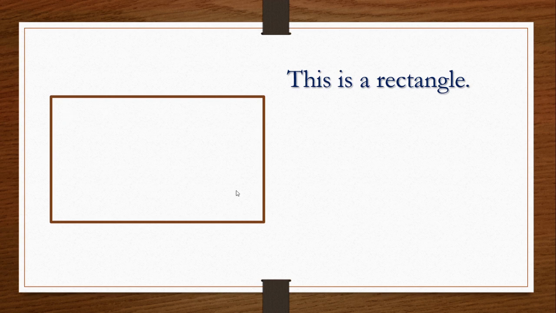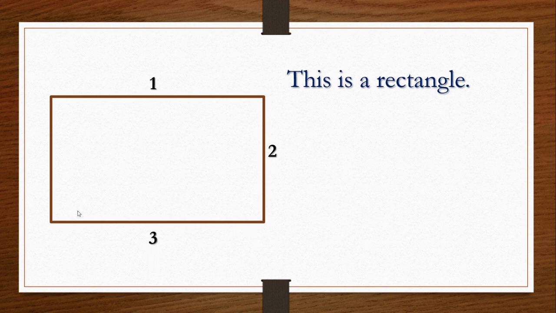What is the name of this shape? This is rectangle. RECTANGLE, rectangle. Okay, remember the name rectangle. We will see how many sides or edges this rectangle has. See, this is first side, and this is second side, right?